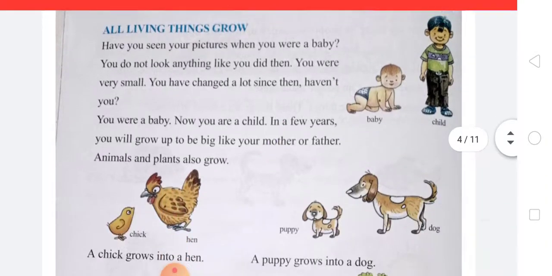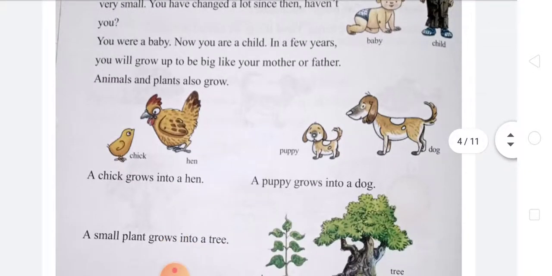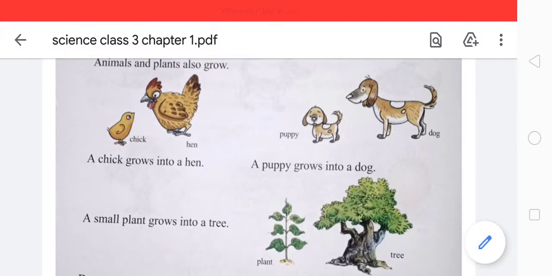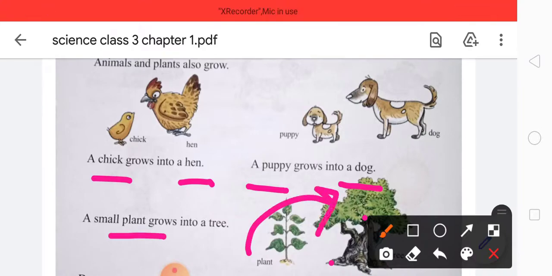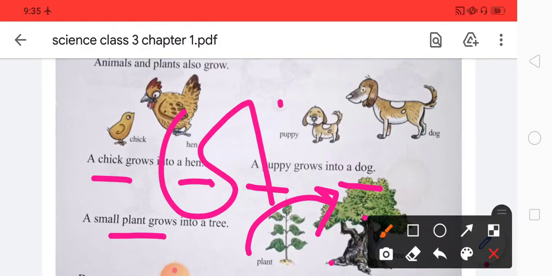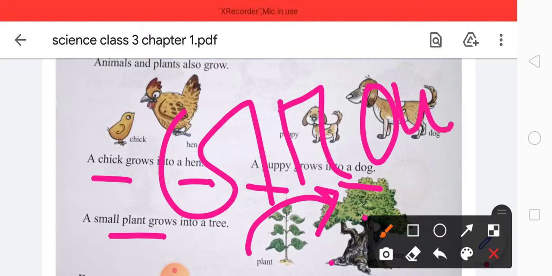Any living organisms like human beings, animals, plants grow. The chick grows into a hen. The puppy grows into a dog. The small plant grows into a tree. Growing is a characteristic of all living beings.